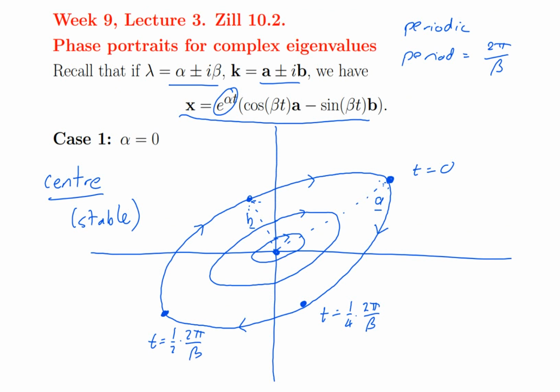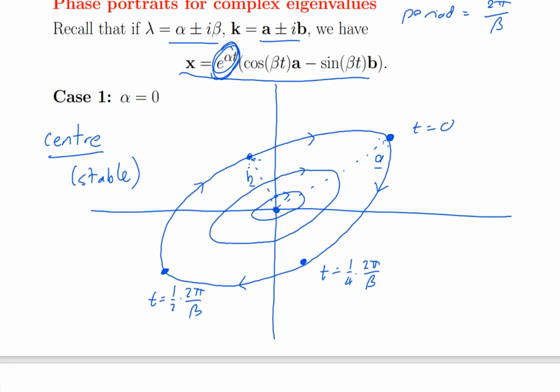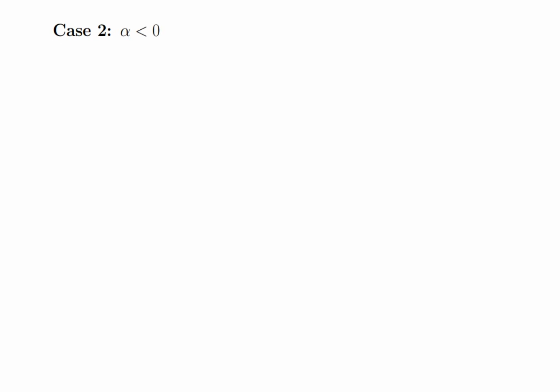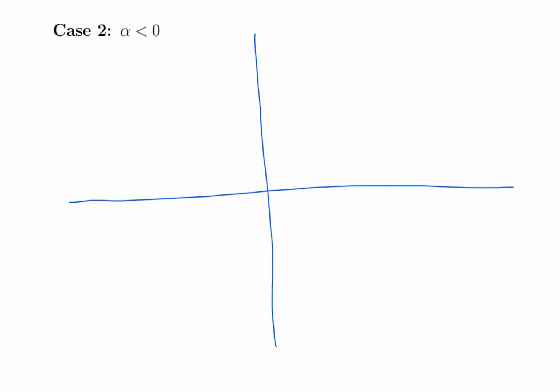It's just that as t increases, as I move around the ellipse, I'm scaled by e to the alpha t. And if alpha is negative, that factor is going to be getting smaller and smaller. That means, I'll do the schematic of the same solution again.